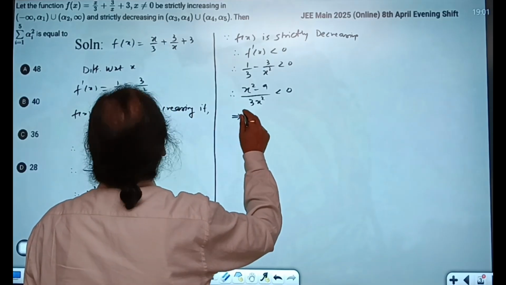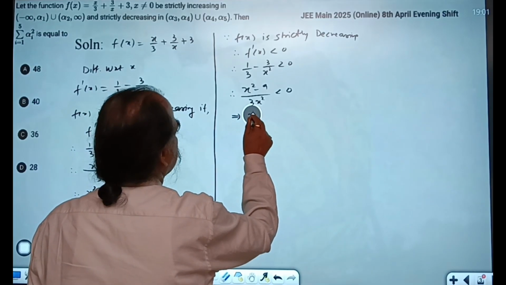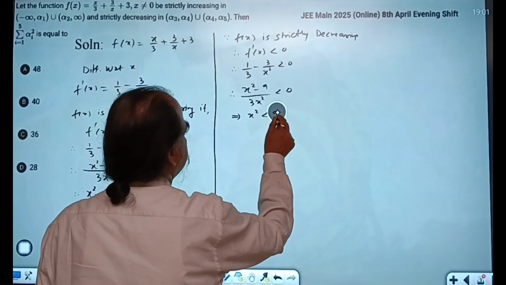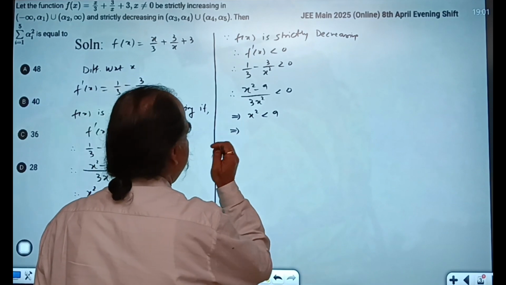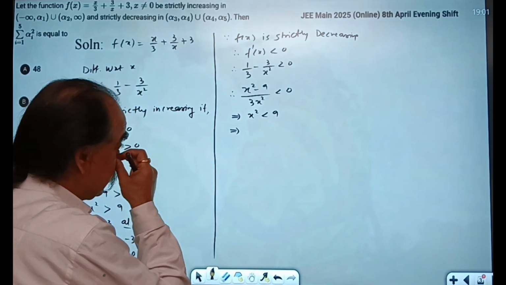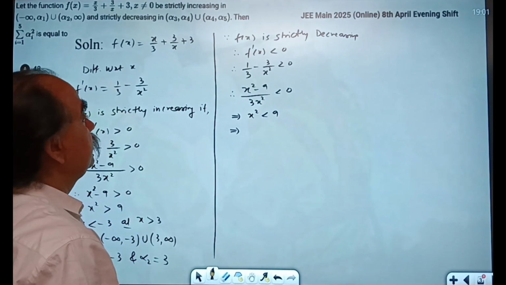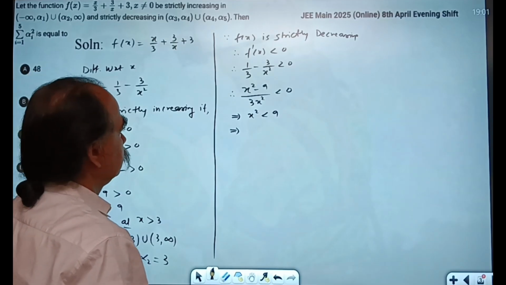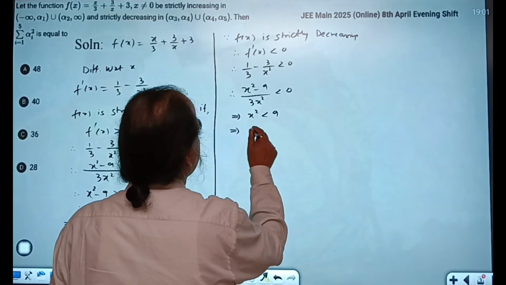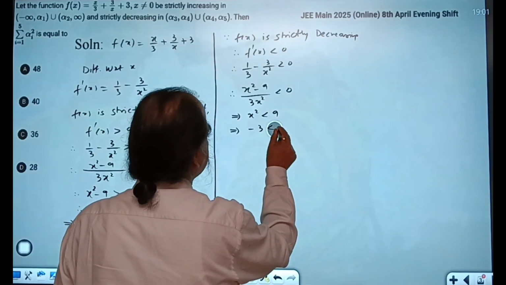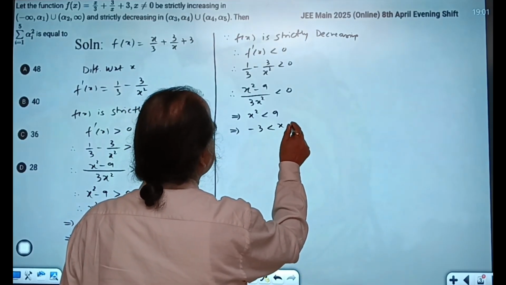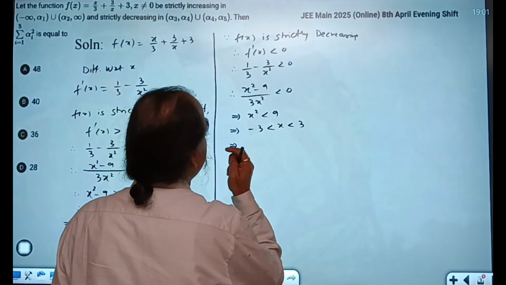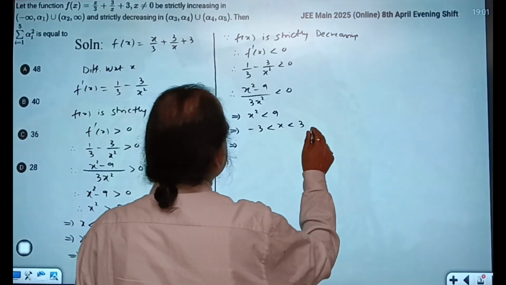And x is given to be non-zero. So x square less than 9, and denominator should be positive. Minus 3 less than x less than plus 3, but x should not be 0.